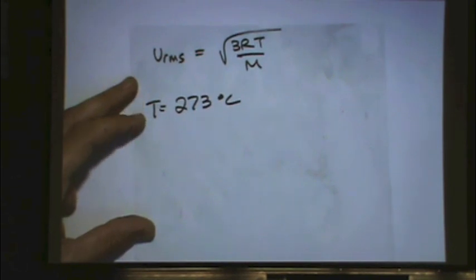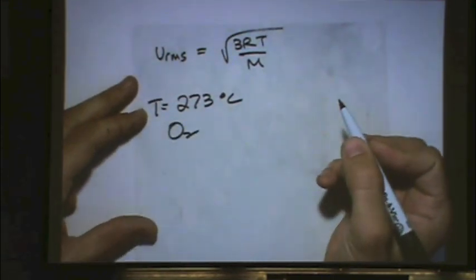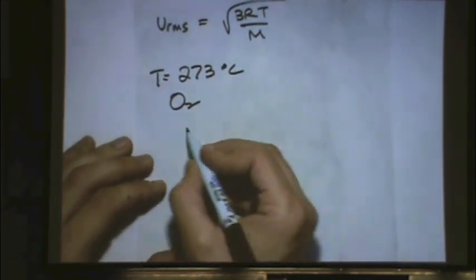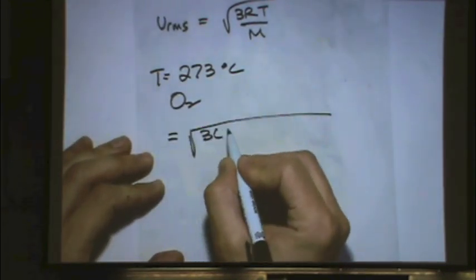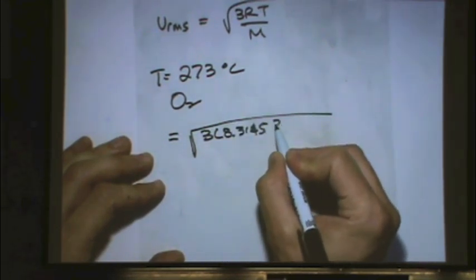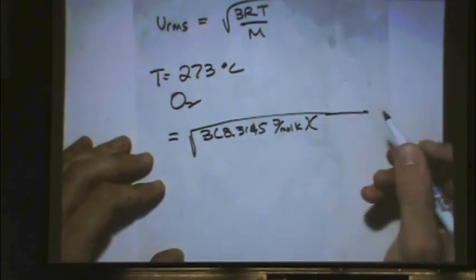Oxygen. Okay, I'm taking oxygen. That's the first reasonable one I've heard. So all you would do is 3R, where R is 8.3145 joules per mole Kelvin. It has to be this one because you need the one that has SI units.